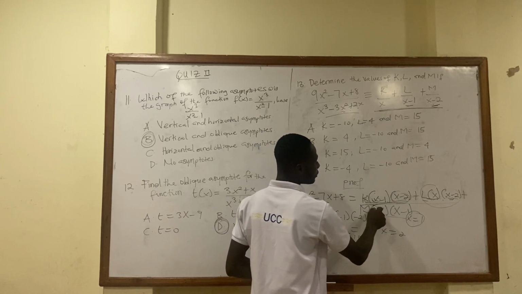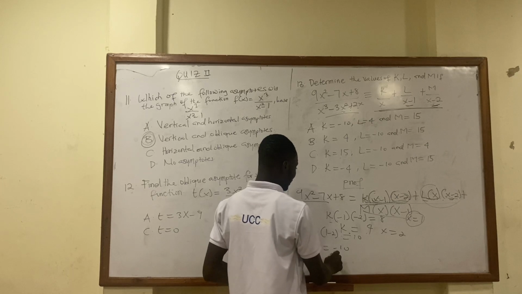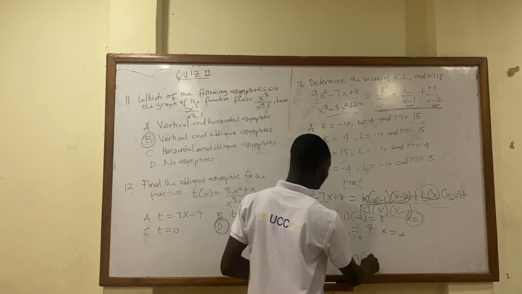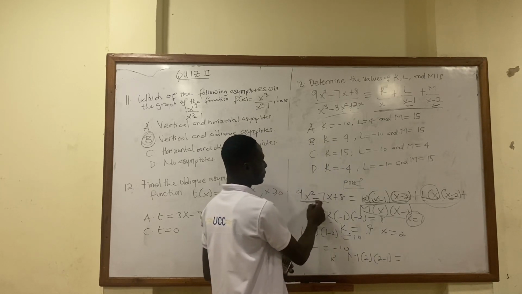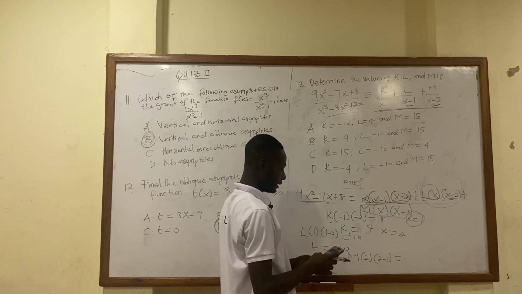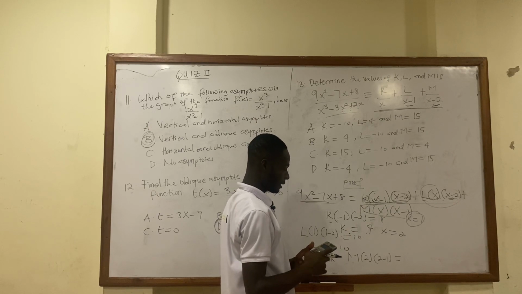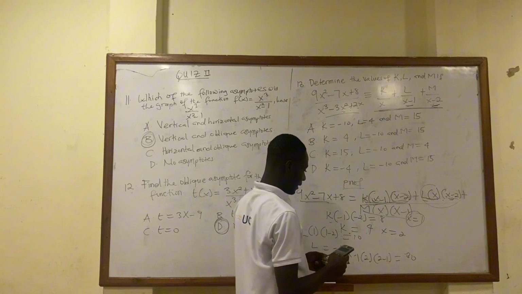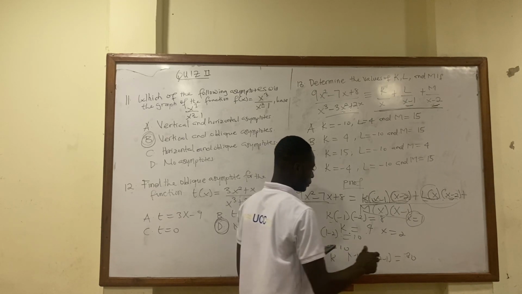And then we have m into 2 minus 1 is equal to, when you put 2 here, 9 into 2 squared minus 7 into 2 plus 8, and that gives us 30. So our m is equal to 30 divided by 2, which is 15.